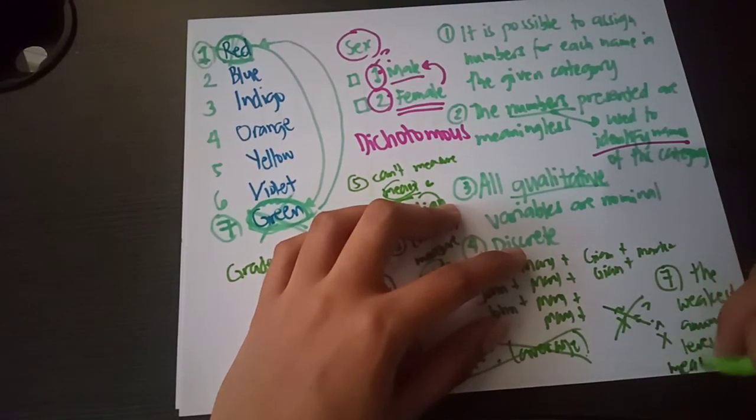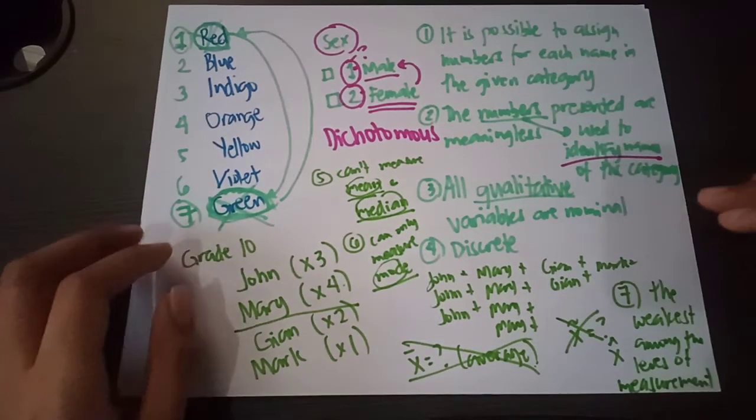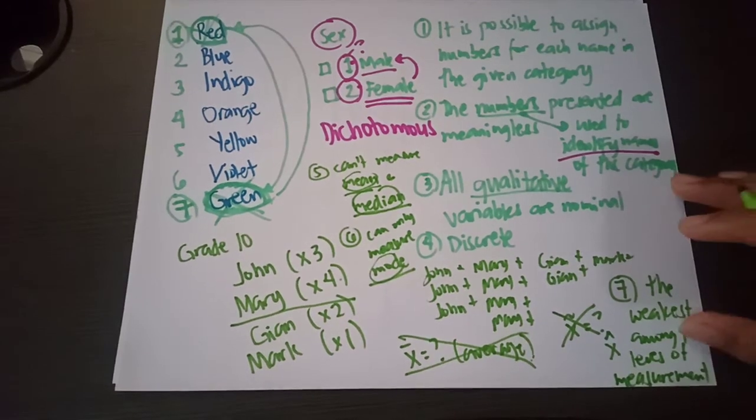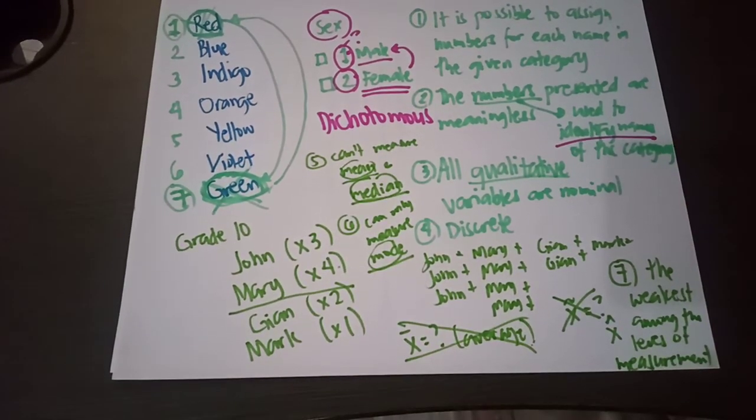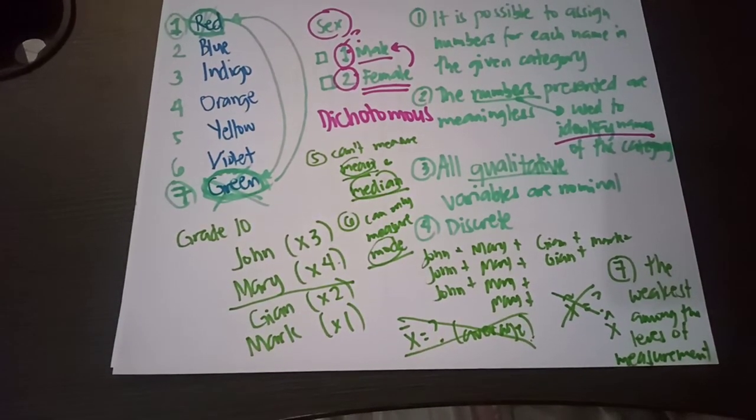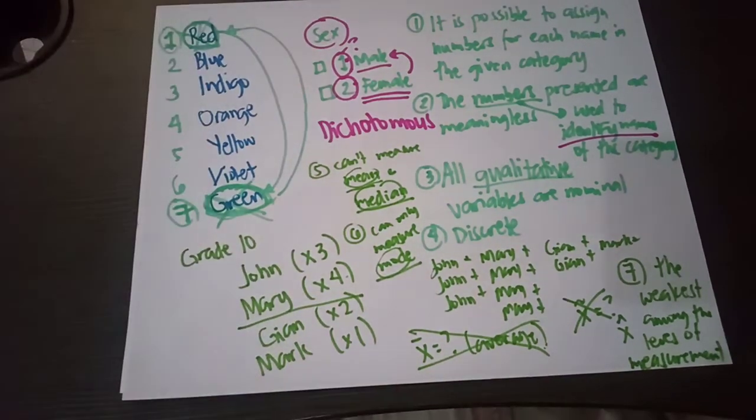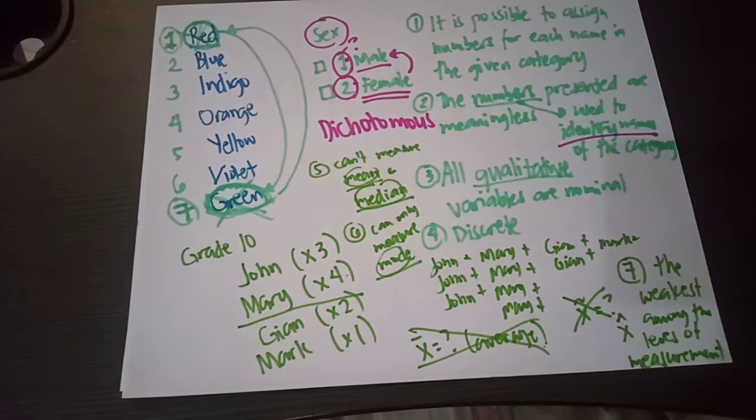It is the weakest because it can only measure mode. So, that is the main essence, the main characteristics and definitions of the nominal scale.